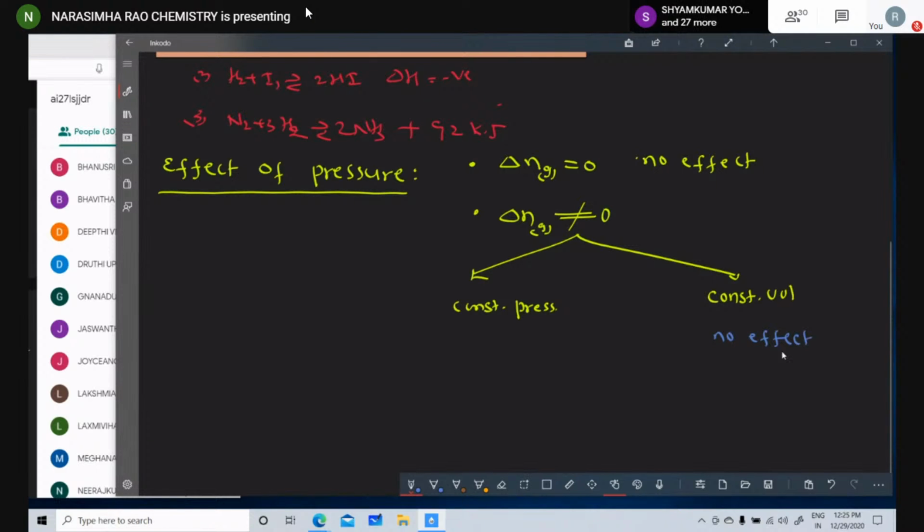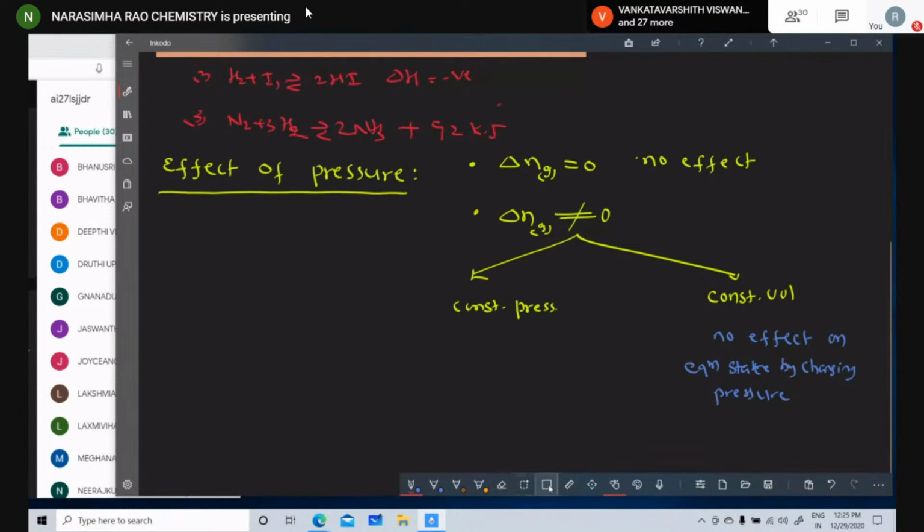No effect by changing the pressure. By changing the pressure, no effect on the equilibrium state.